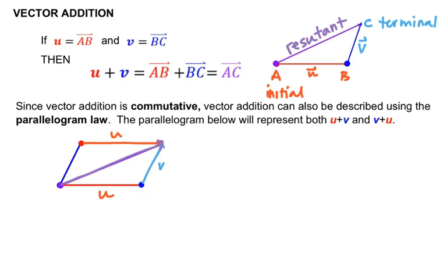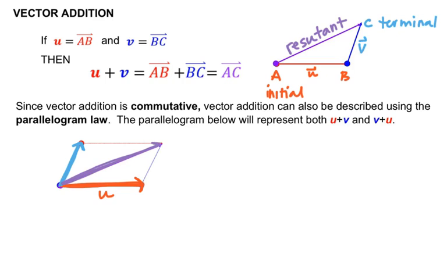So for that reason, when we're working these problems, we're just going to draw u and v. We'll have them both starting at the same spot, and they're acting together to create this resultant in the middle.